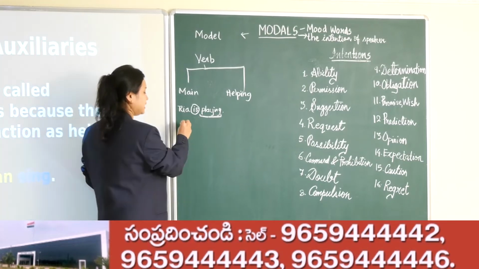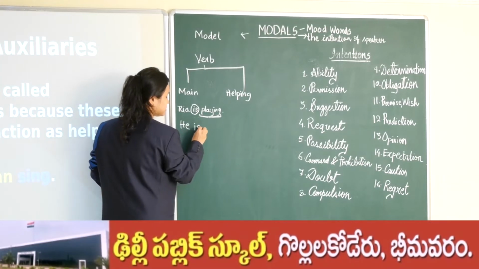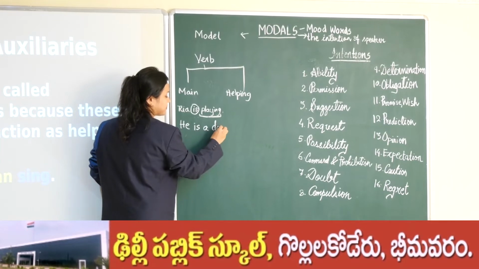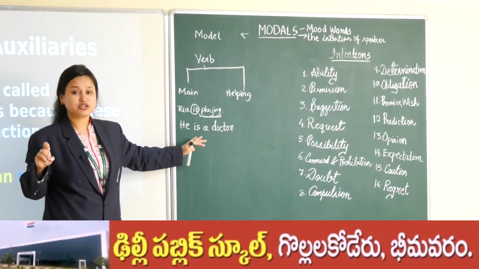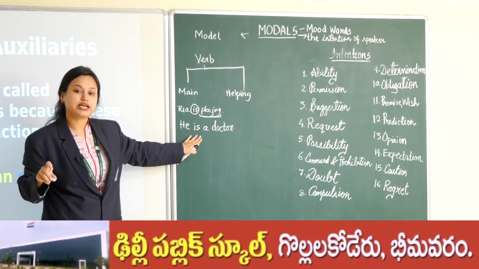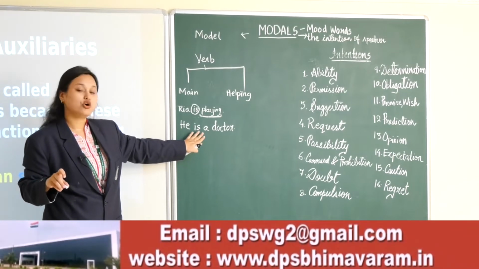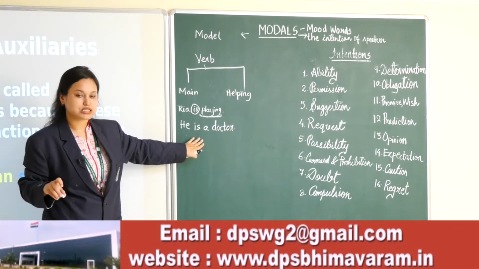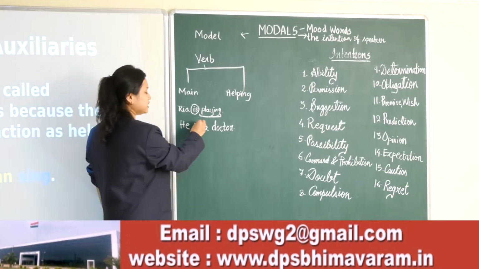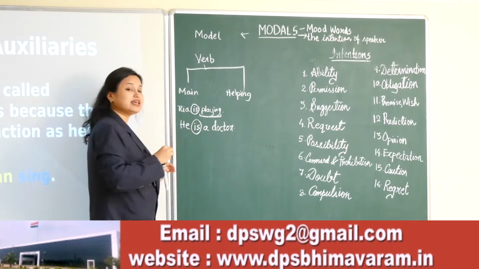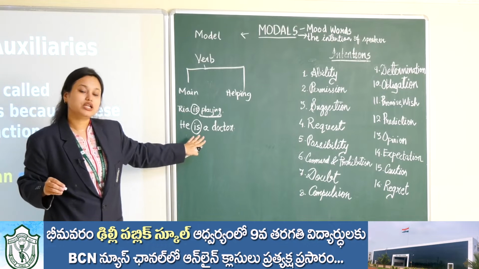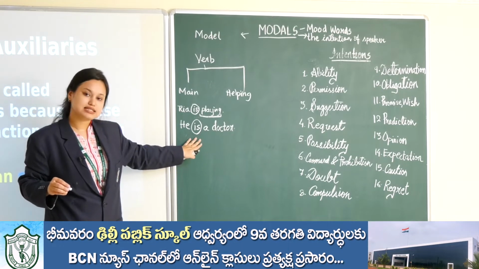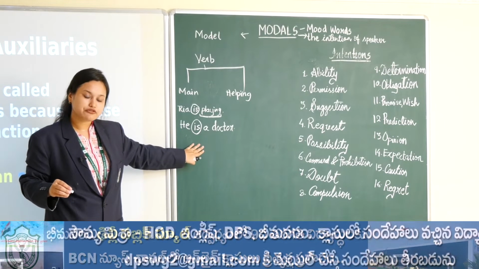Suppose I am saying, he is a doctor. If you look carefully at the sentence, there is only one verb in the sentence. What is the verb? The verb is "is". There is no other verb in the sentence. If only one verb is there in the sentence, this has to be the main verb.